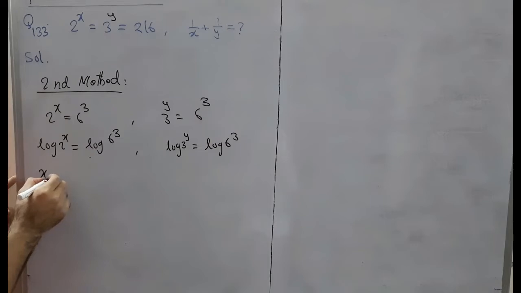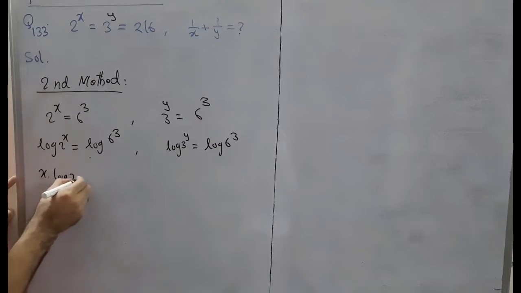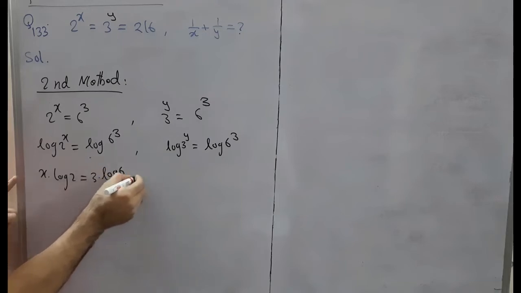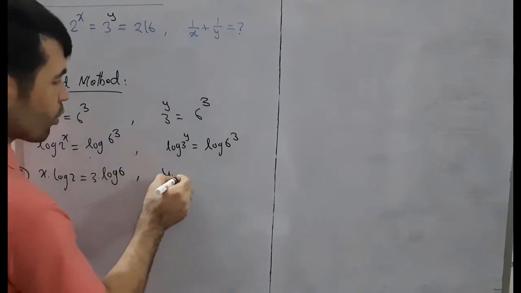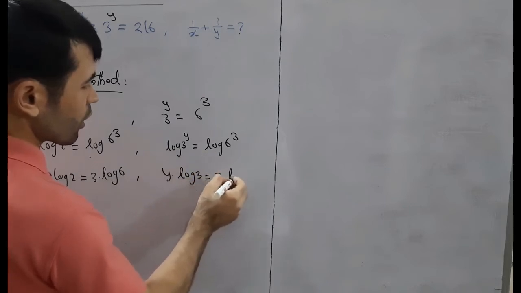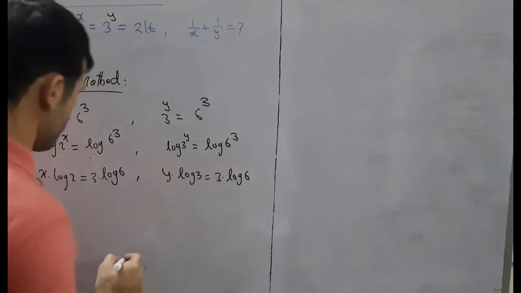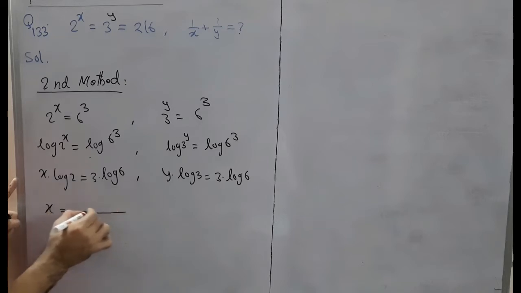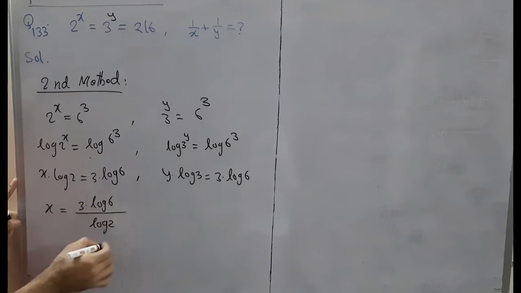Then we can write x into log 2 is equal to 3 into log 6. y into log 3 is equal to 3 into log 6. If we divide both sides by log 2, we get x is equal to 3 into log 6 divided by log 2.